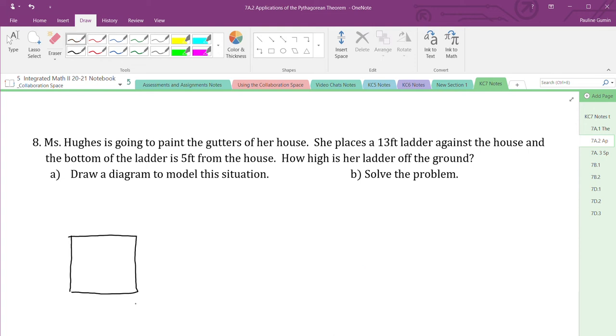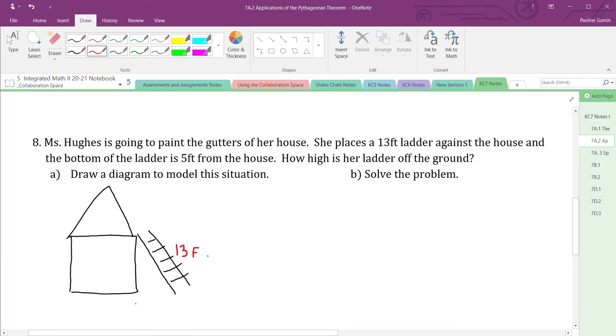So here is house. Here is ladder. And we know that the ladder itself is 13 feet. And this little distance between the house and the bottom of the ladder is 5 feet. Okay, perfect.